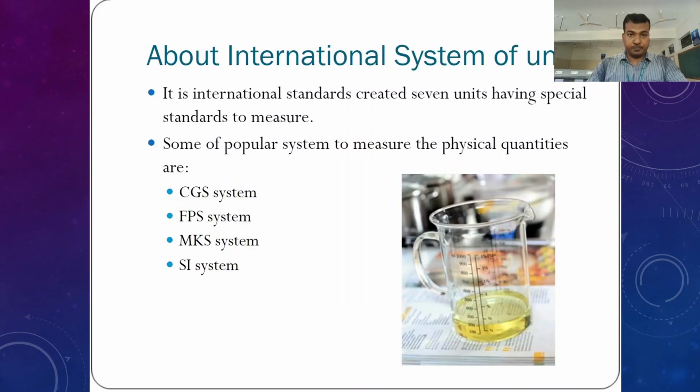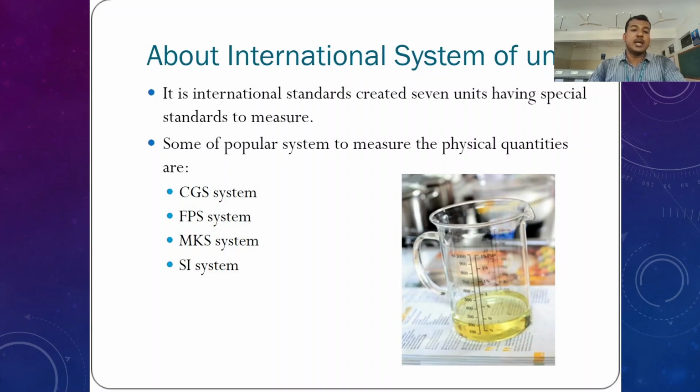Here we can see about the international system of units. It is an international standard created with 7 units having special standards to measure. Already we have discussed these 7 units, and some of the popular systems to measure physical quantities are given below.